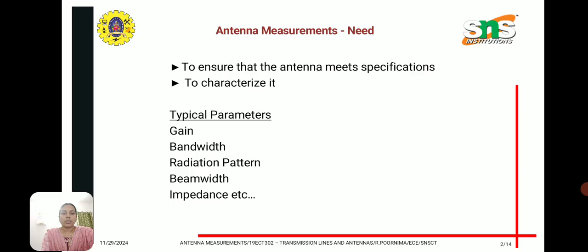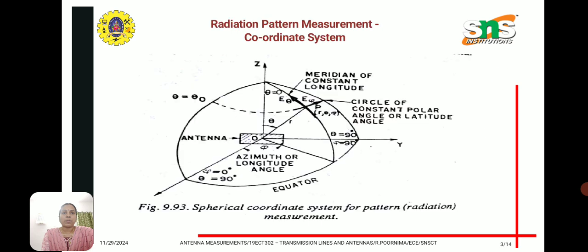Radiation pattern is mainly the graphical representation of the antenna radiated field. Here the spherical coordinate system for radiation pattern measurement is given. We consider the azimuthal or longitude angle, similar to the Cartesian coordinate system, and we use the radius vector r, taken from the origin of the spherical coordinate system and directed towards the point P where the measurement is taken, at a distance from the antenna.